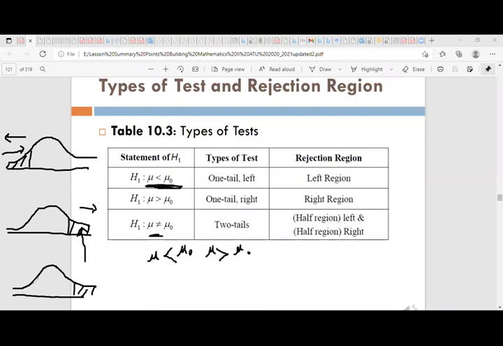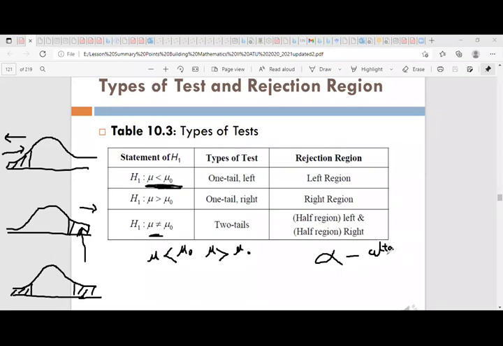Less than. The less than portion will be on the left, and then the greater than portion will be on the right. Now the issue here is because the rejection has been divided into two, you remember we said the significance level alpha is the maximum of total probability of what?